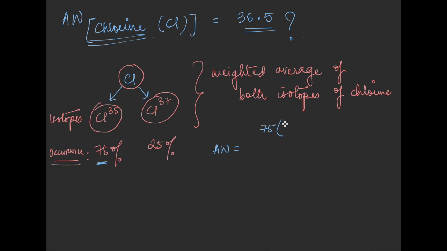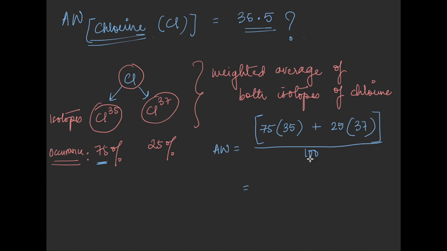So the total mass of them is 75 into 35, plus, out of 100, 25 atoms are going to have a mass of 37. This is the total mass of the 100 atoms I have considered, divided by 100, the number of atoms. So what does my weighted average come up as?